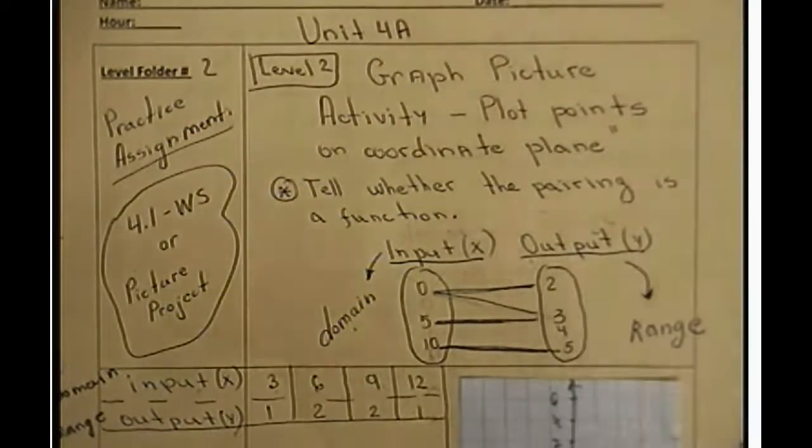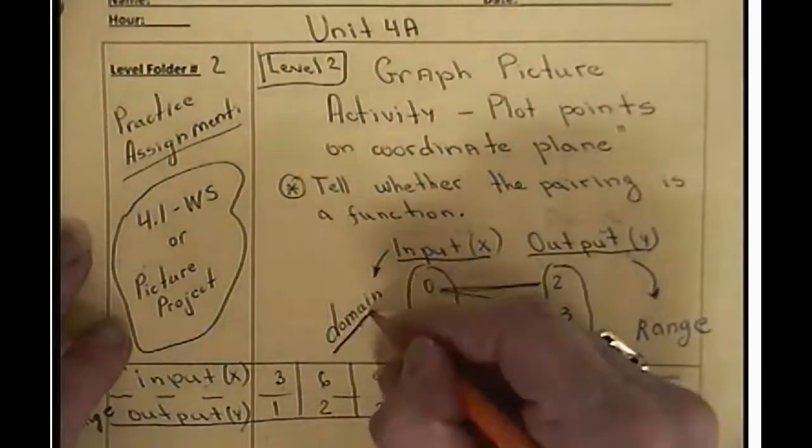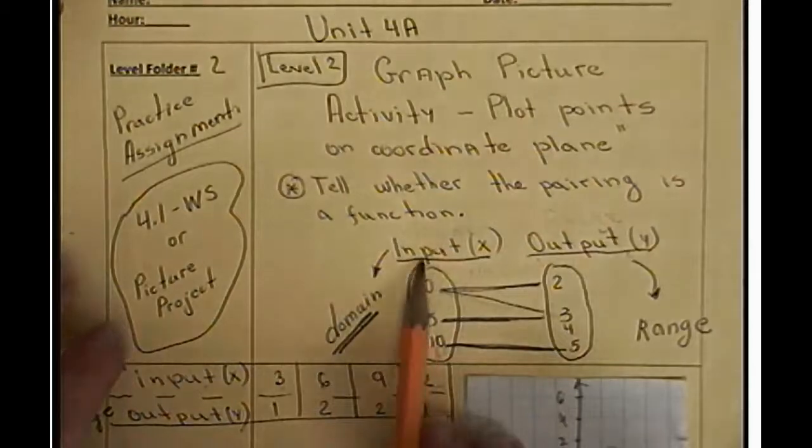And once you have the name written down, go ahead and draw a picture of this. So when we talk about functions, again, we have the coordinate pair that has x and y coordinates. The x coordinate is called domain. We already talked about this, but we also call it input.